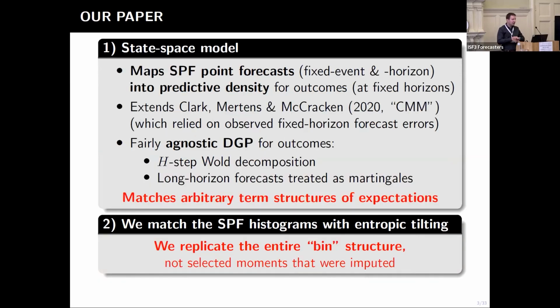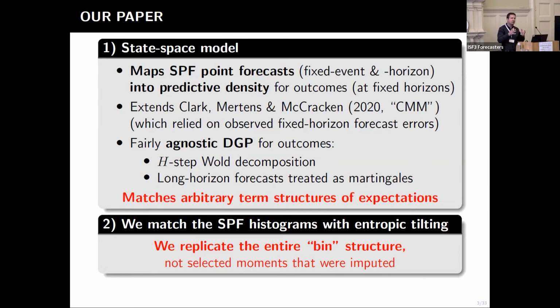In this paper, we have a state space model which maps the Survey of Professional Forecasters point forecasts into predictive densities for the outcomes at fixed horizons. And it builds heavily on earlier work by my co-authors, Clark, Mertens, and McCracken, in other words CMM, which relied on the observed fixed horizon forecast errors.